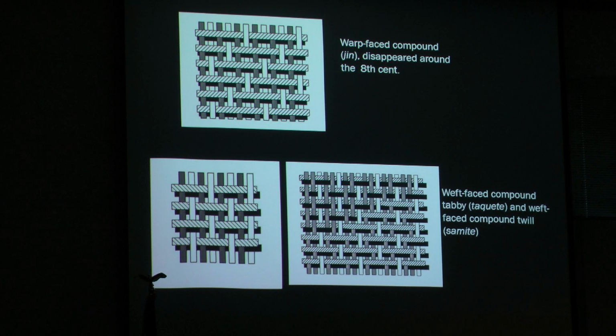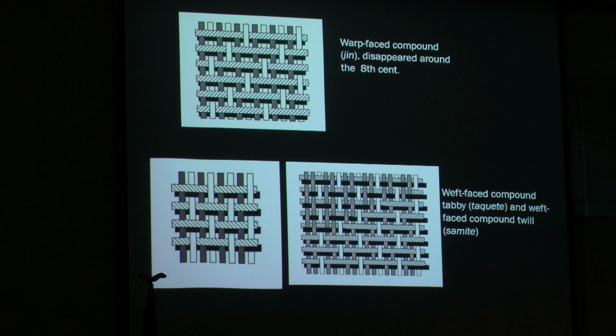And then we found the weft face compound, which most likely arrived from the West and employs two sets of weft and one warp. Again, like a sort of sandwich, but in this case the pattern is made horizontally. In Chinese, these are both called jin.